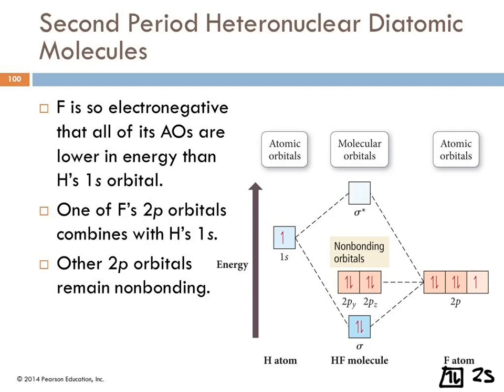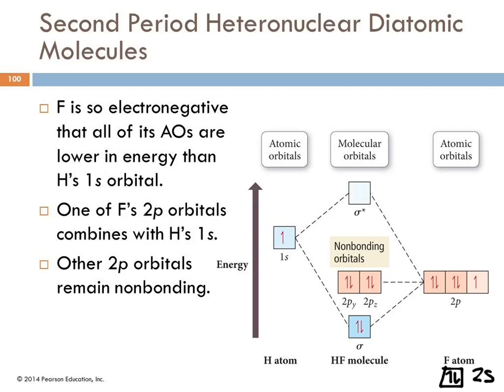So what happens is one of the p orbitals of fluorine combines with hydrogen's s orbital, and so we get a sigma and a sigma star, and then these are the two non-combining orbitals. They're not anti-bonding, they're non-bonding. They're just neutral.